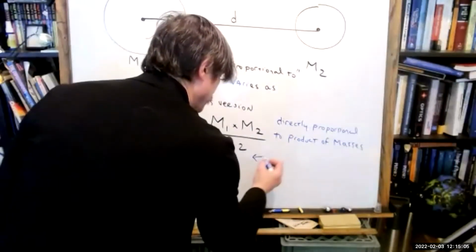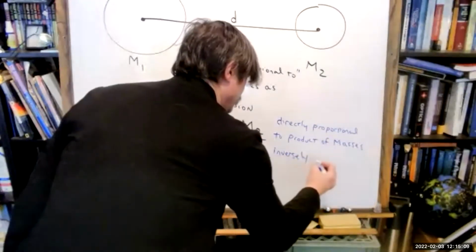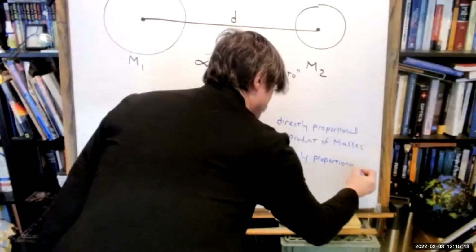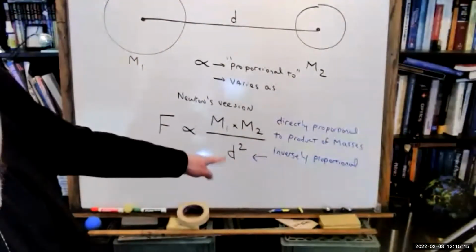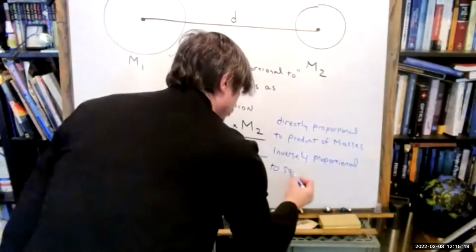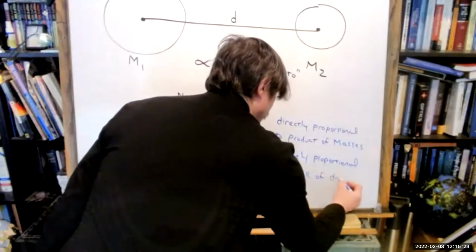Down here, he writes inversely proportional. Inversely means d is on the bottom. Inversely proportional to the square of the distance.